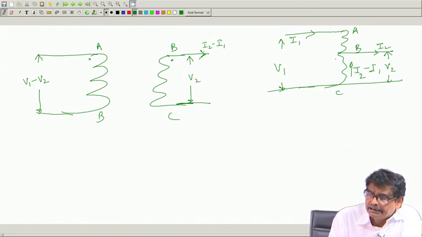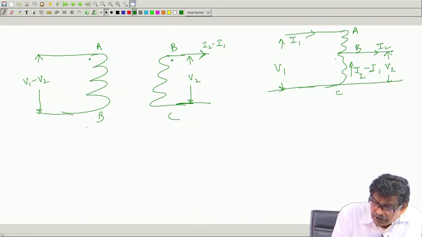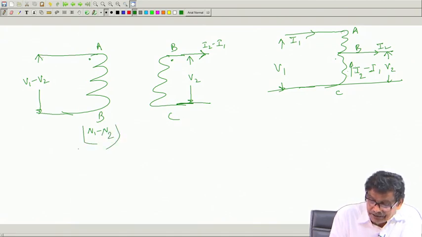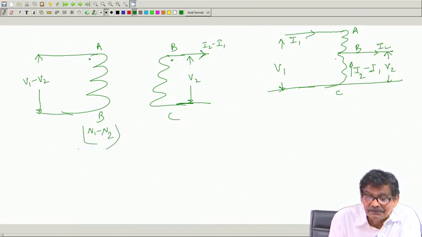And then I will say, so far as this transformer is concerned, what is the number of turns of this AB? N1 minus N2, is not very interesting. N1 minus N2 is the number of turns. And what is the number of turns of this? N2.